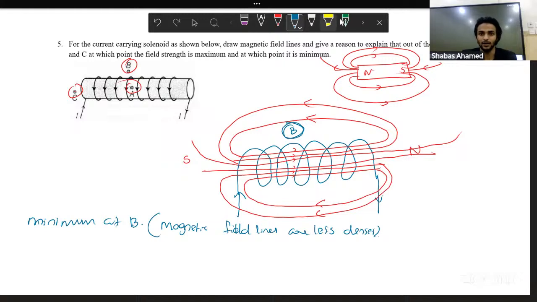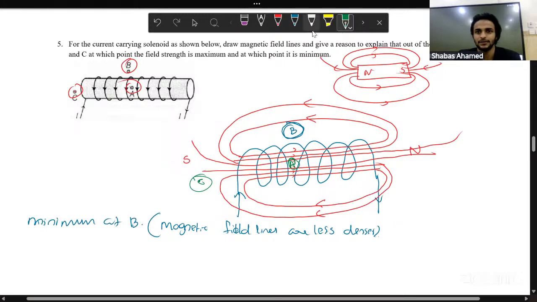Inside or outside? At the point A or at the point C? What do you think? Guys, come on. At which point will the magnetic field be maximum? A or C? Come on, guys, just unmute and tell me the answer.